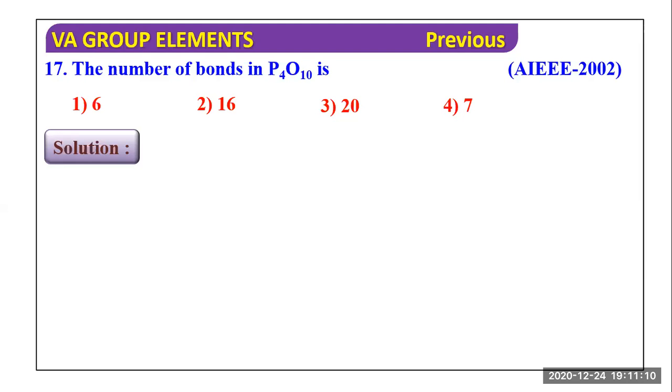Actually, phosphorus forms 4 sigma bonds, so the total sigma bonds must be 16.